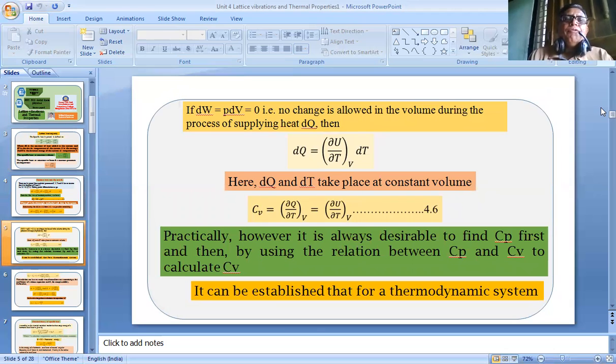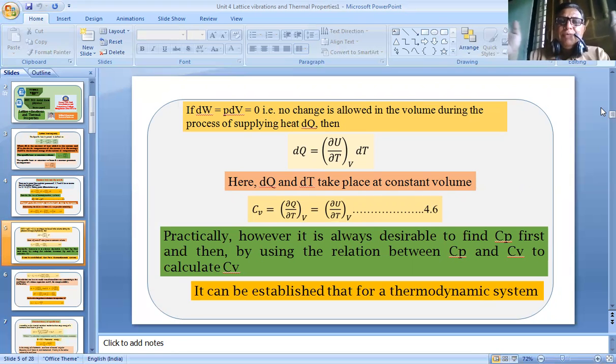So if dW, that is the work done, is equal to PdV, which is equal to 0, that is no change is allowed in the volume during the process of supplying heat dQ, then delta Q is equal to (delta U upon delta T) at constant V delta T. Here dQ and dT take place at constant volume.